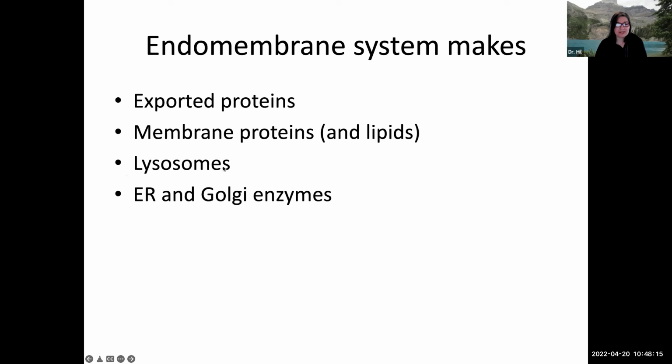It's also fair to say that lysosomes are considered to be part of the endomembrane system, but they are made by the endomembrane system, or perhaps one could also say the enzymes within them are made by the endomembrane system and then packaged into lysosomes. And last but not least, there are enzymes that reside in the ER and the Golgi, and they have to get there somehow. So they're made by the endomembrane system.